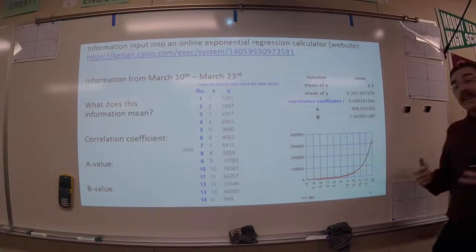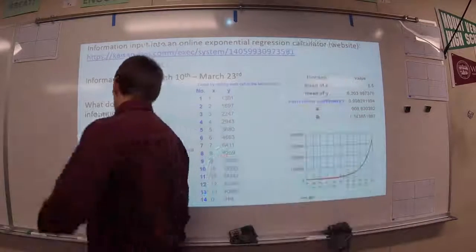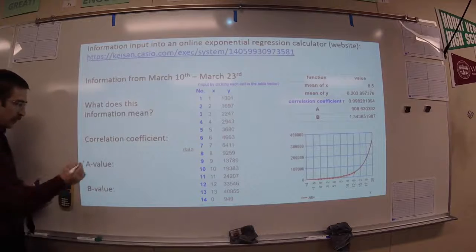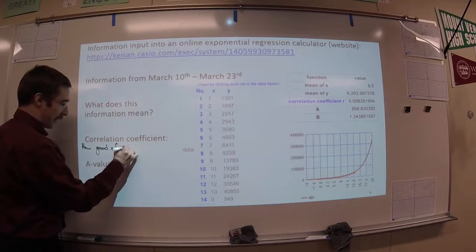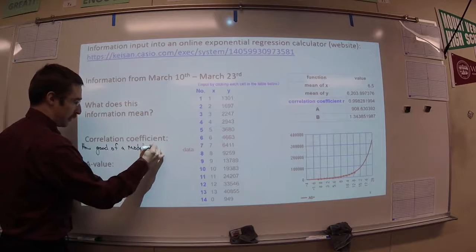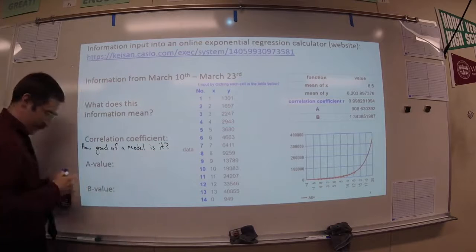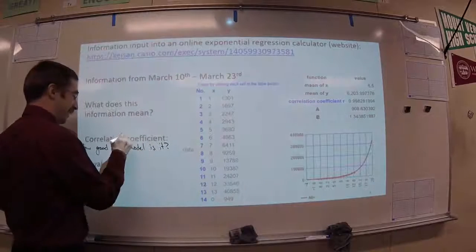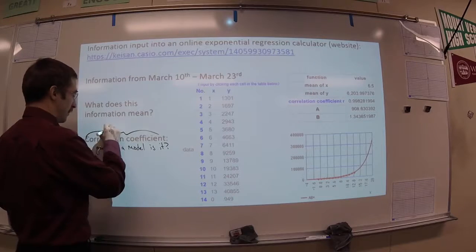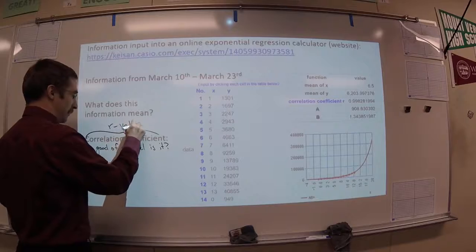So what does this information mean? The correlation coefficient tells us how good of a model it is. This is the R value.